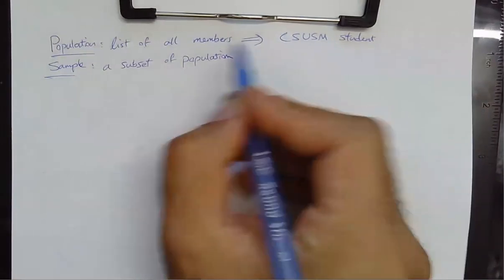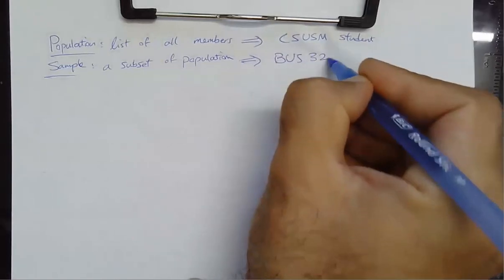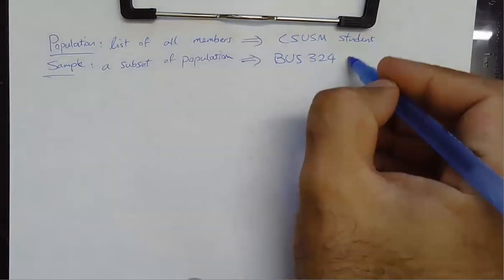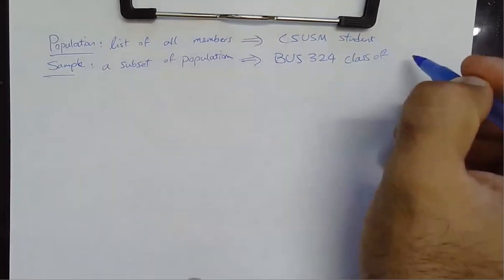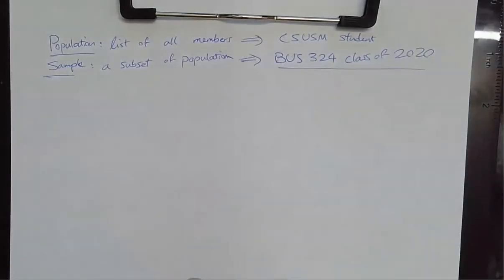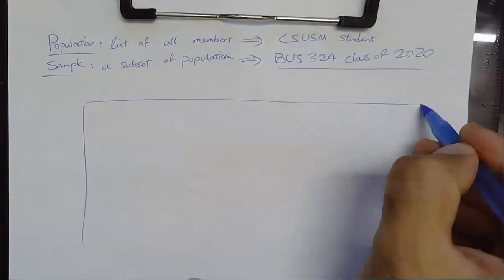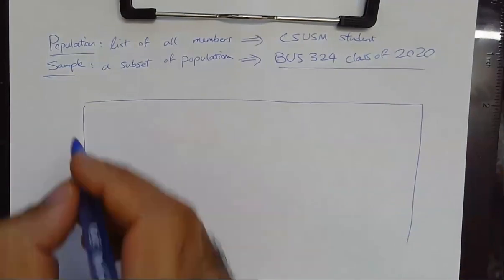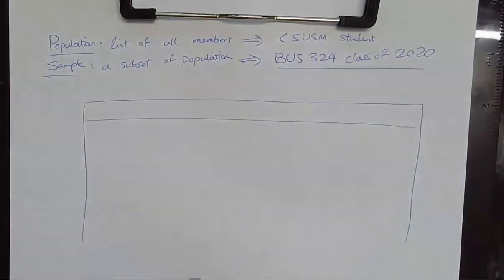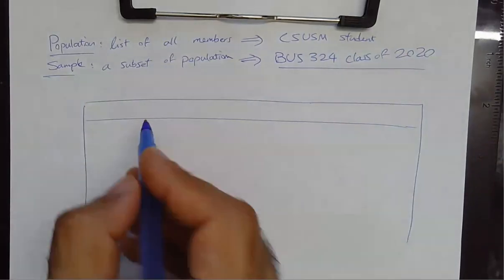But for our example, let's say the BUS 324 or 322 class of 2020, for example. That's our sample. That's a specific sample. Now, for this sample, if we make a table like this, we have some attributes for the members of this sample, which is itself a subset of another population.